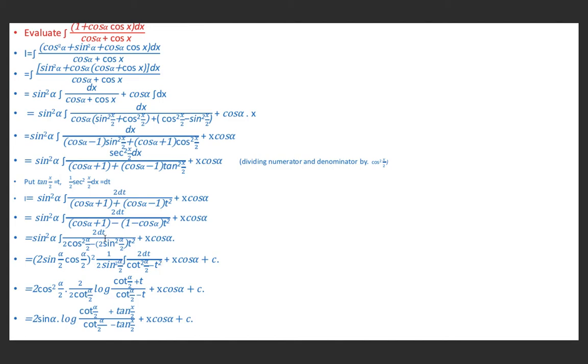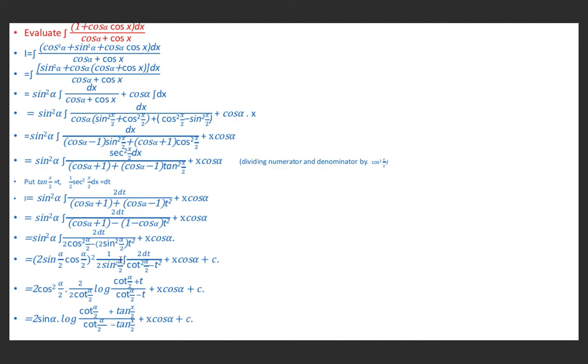We have taken 2 sin square alpha by 2 common from here. So this is 2 sin square alpha by 2. Here it is 4 sin square alpha by 2 cos square alpha by 2. So this 2 will cancel this 4. We will be left with 2 only. Cos square alpha by 2 will be left.